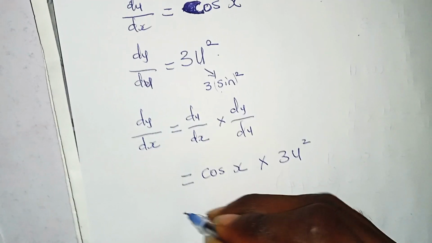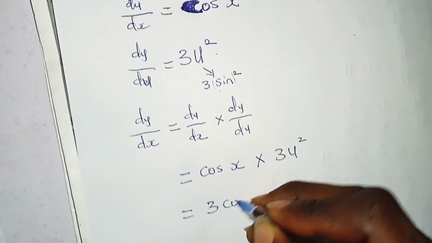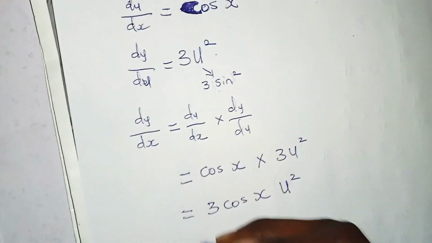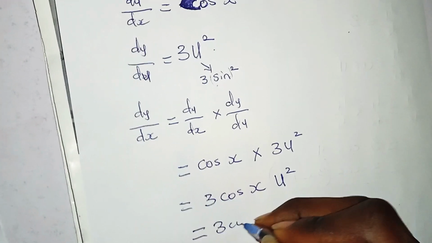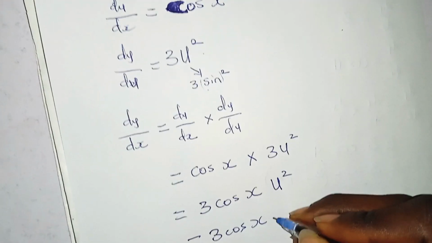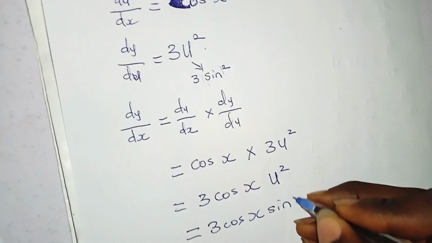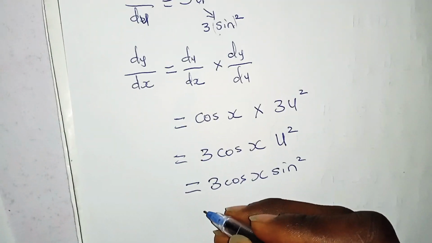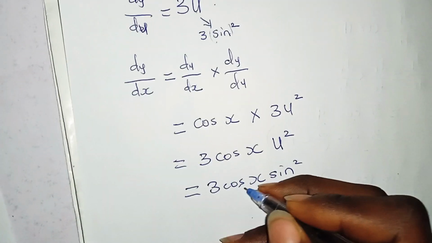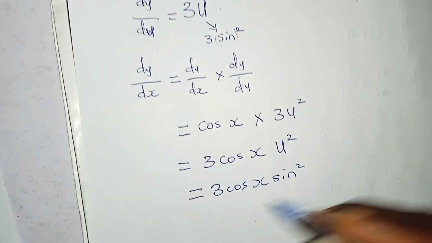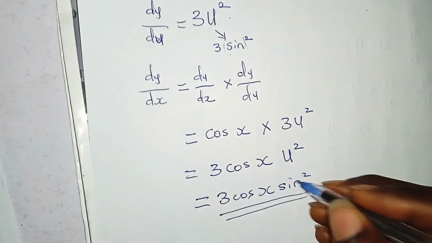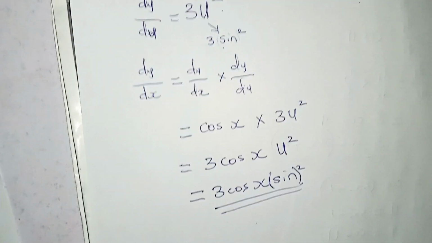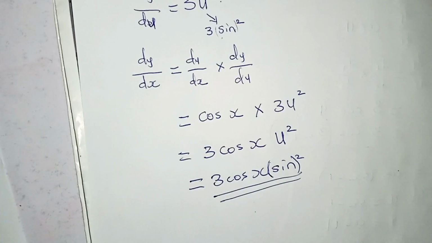So this is the same thing as saying 3 cos x u squared. And we know that if this is the case, u here is sin squared. So this is our answer: 3 cos x sin squared x. I can still do it this way if I want to show you.